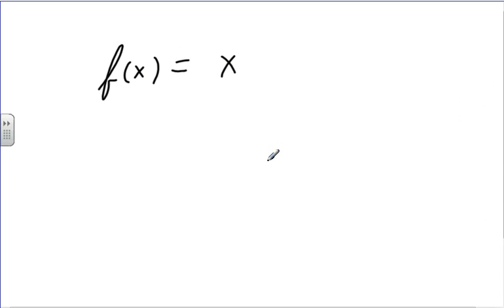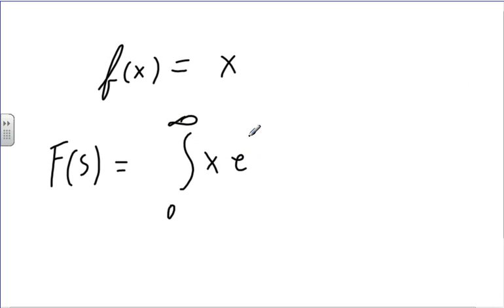All right, well, f of x is equal to x, so the Laplace transform is going to be the integral from 0 to infinity of x e to the minus st. We'll change the variable and make it all t, that'd be better. t e to the minus st dt.